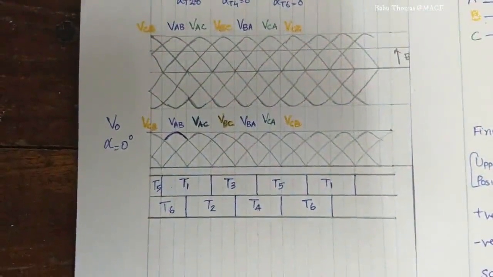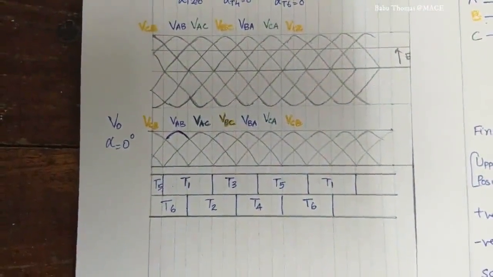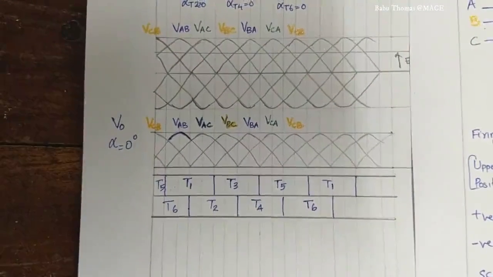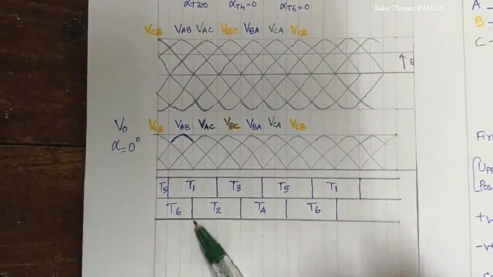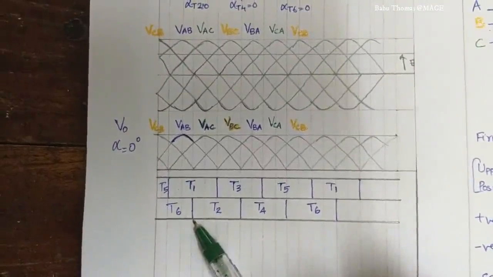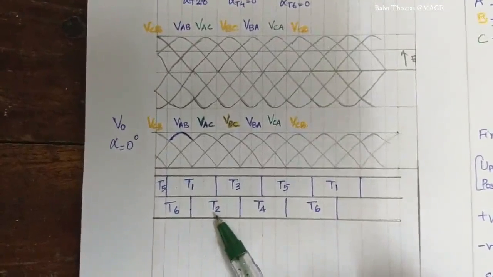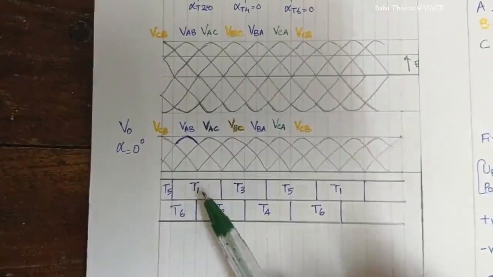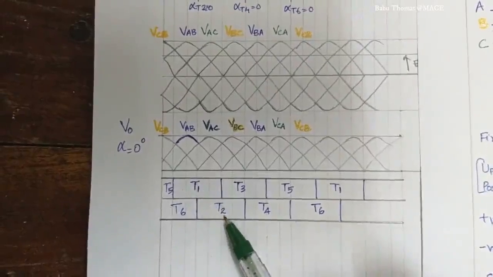Now from the lower half thyristor, T6 was commutated at this instant and T2 starts conducting. So that means T1 and T2 are conducting.